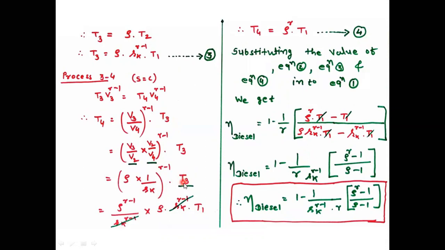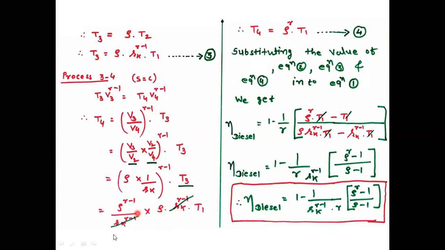And T3 we have already derived in equation 3. You can see here equation 3. So I put the value of T3 here. So it's rho raised to gamma minus 1, RK raised to gamma minus 1, into this is the value of T3, which is rho RK raised to gamma minus 1 into T1.